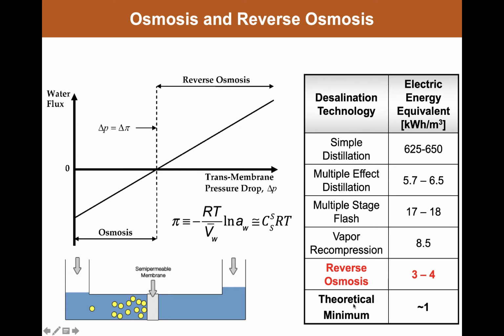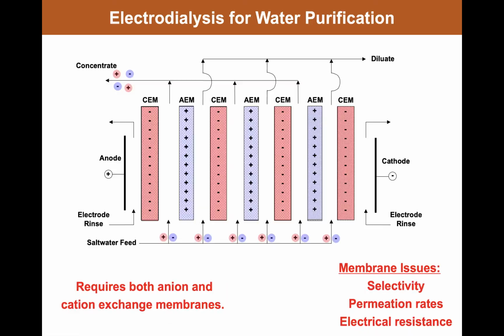And I also show there is a theoretical minimum energy associated with making a separation, and I show that in these units of kilowatt hours per cubic meter to show you how close the reverse osmosis is to that thermodynamic limit.